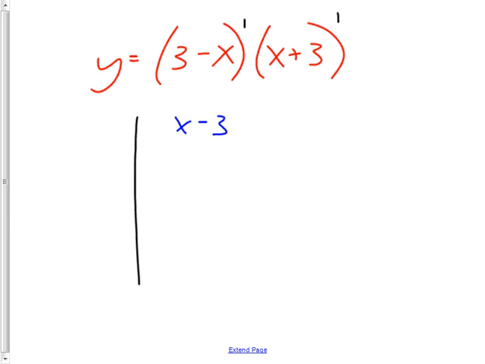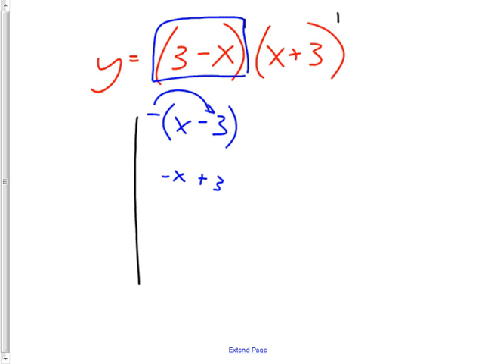Do you get that that's actually what 3 minus x is? Negative times the x would make negative x. Negative times the negative 3 would be positive 3. That's the same now as that. You see how there's actually a negative in front? All right, so we need a better way to handle this.